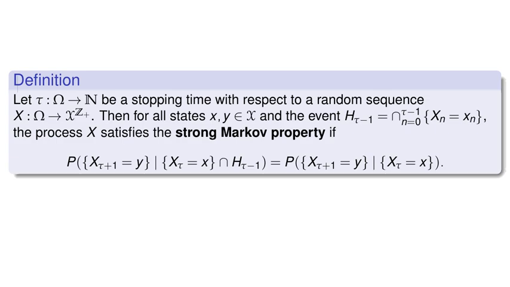Then for all states x, y in 𝒳 and the event H_{τ-1}, which is the intersection from n equals 0 to τ-1 of the set {X_n = x_n}, the process X satisfies the strong Markov property if the probability of the set {X_{τ+1} = y} given the set {X_τ = x} intersected with H_{τ-1} equals the probability of the set {X_{τ+1} = y} given the set {X_τ = x}.